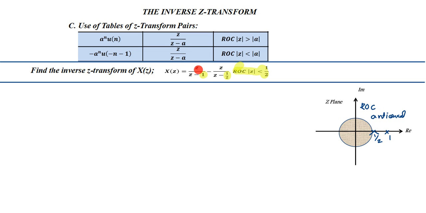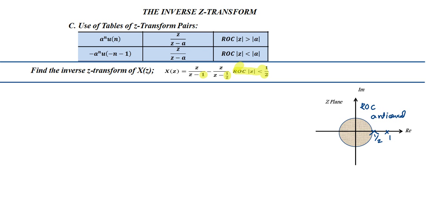If we take this signal z by (z minus 1) and compare the result, in both the cases you can see that the result will be the same whether it is causal or anti-causal. And the decision is based on this ROC. If modulus of z is greater than a, you need to write the result in the form of a raised to n into u of n. If the ROC is modulus of z less than a, you need to write minus a raised to n into u of minus n minus 1.